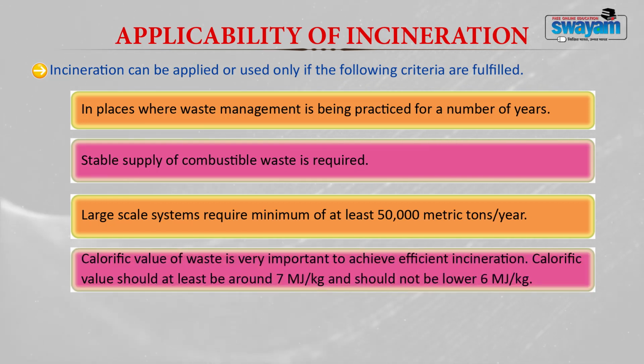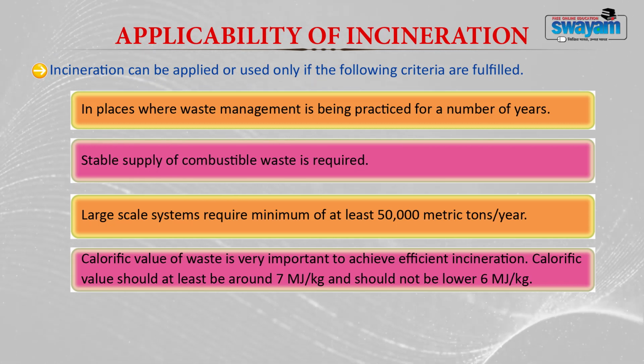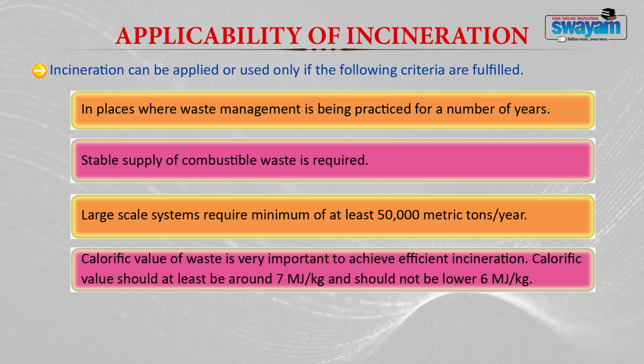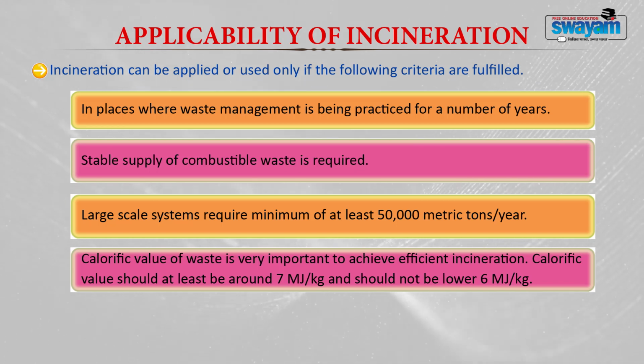Then the fourth one, as I told you earlier, is the calorific value of waste, because when you recover certain materials, the overall calorific value of waste comes down, and this makes incineration a little inefficient. The minimum calorific value of the waste for an incineration process should be at least 7 megajoules per kg, and it should not go below 6.